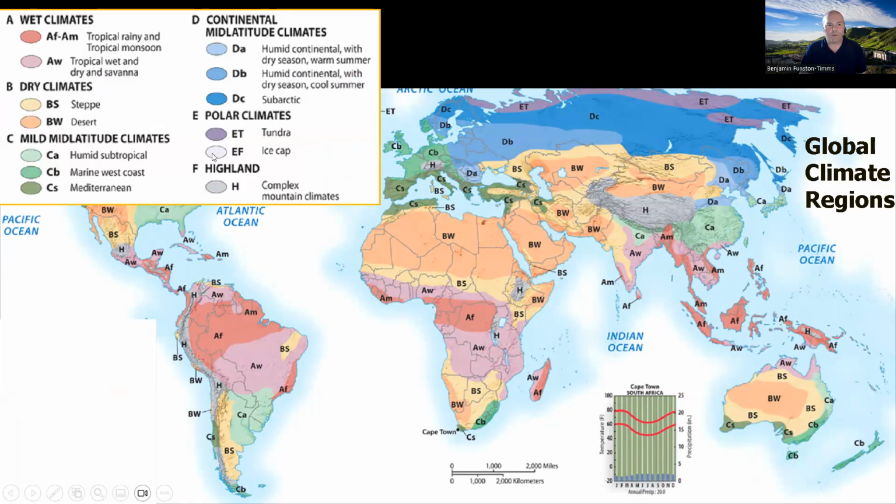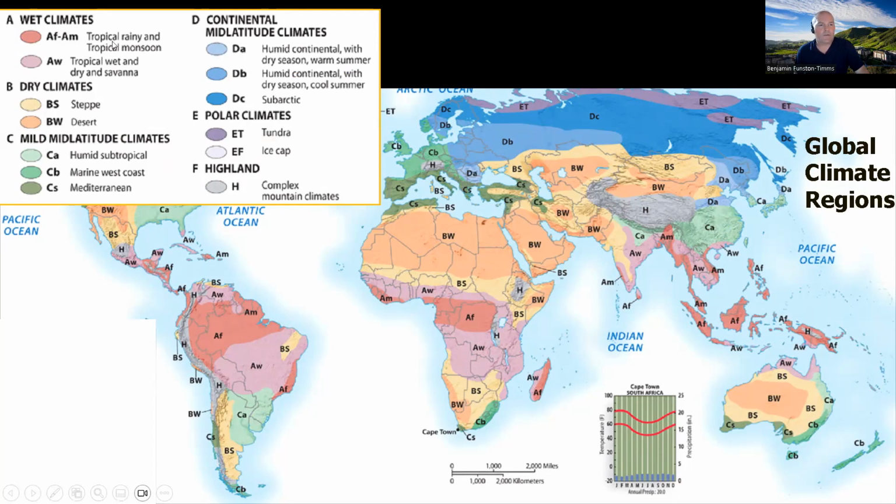We're not really dealing with polar climates or highland in our class, and not much on the D climates, a little bit. So we're going to be focusing on the first three, A, B, and C, within our class. We don't have to worry too much about these D, E, and F climates. A, B, and C are the ones that we'll be dealing with mostly.